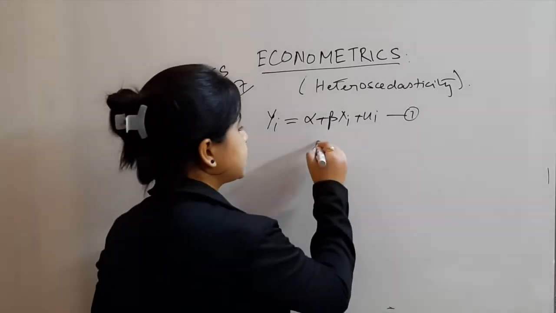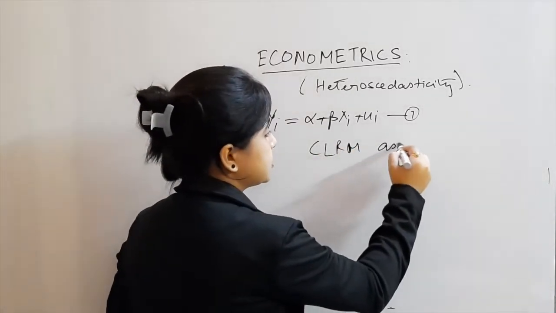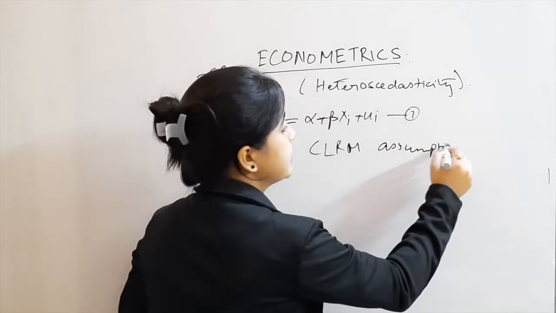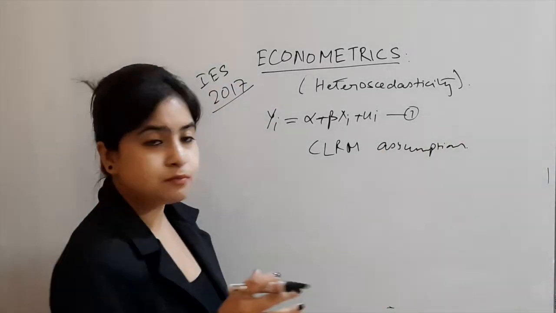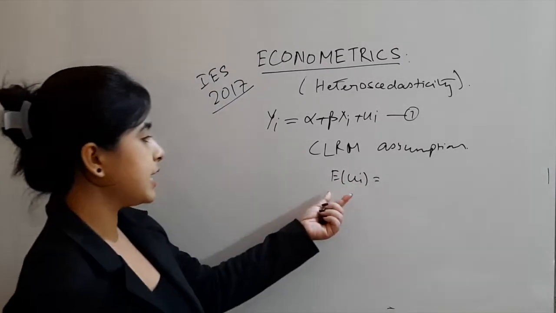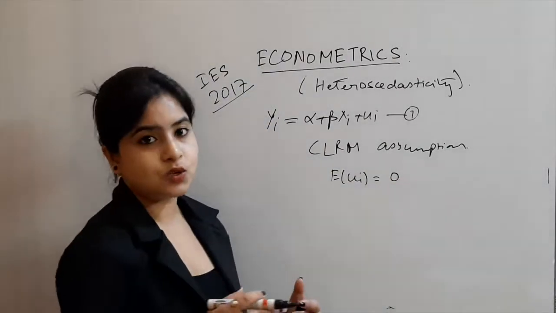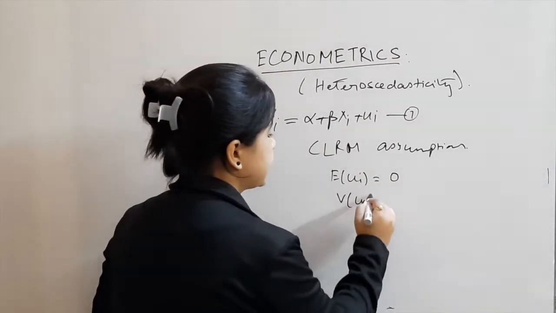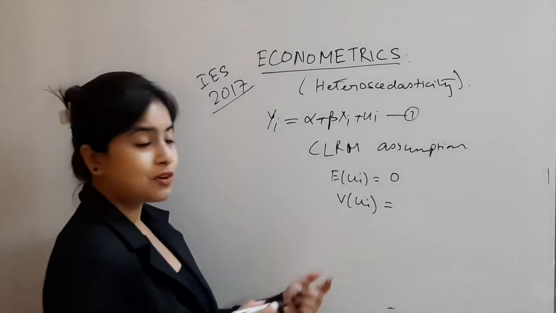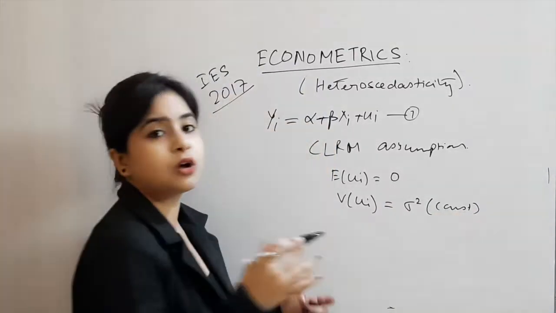So we have classical linear regression analysis assumptions which mainly concern the error term, that is ui, right? The first assumption goes like, the expectation of ui has to be 0. Then followed by the variance of ui is equal to sigma square, and this is assumed to be constant.